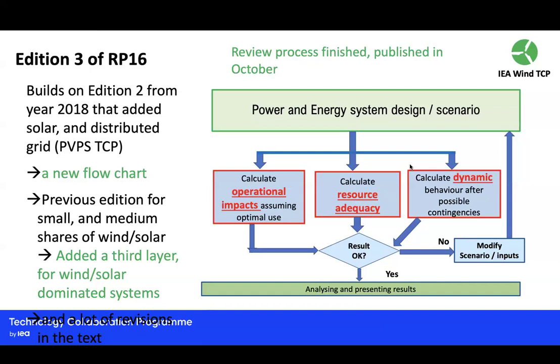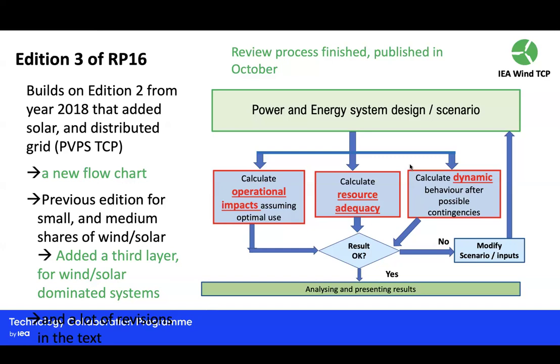This is Recommended Practice report number 16 of IEA Wind, and this is edition 3. So we already did this two times before. When we did this the first time, more than 10 years ago, the shares of wind and solar studied at that time were about 10 to 20%.